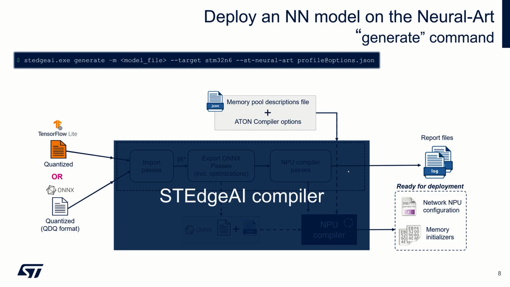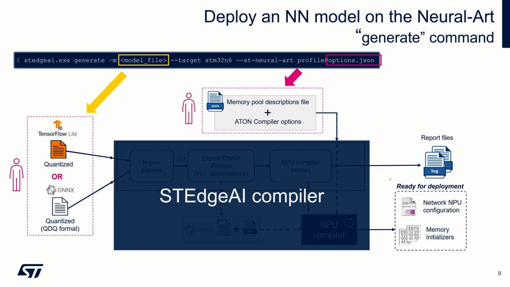The output from the compiler is a .c file to be integrated within the project. This file contains the NPU configuration and of course the memory initializers, the weights of the model. You can also analyze the compilation process in detail thanks to the report files.